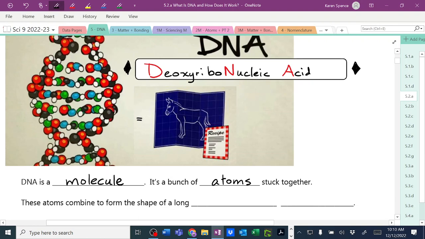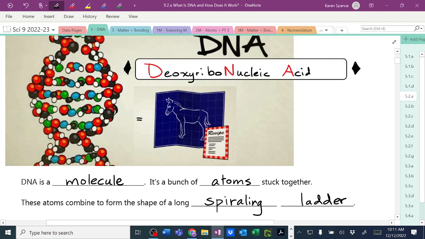These atoms combine to form the shape of a long spiraling. Do you guys know what a spiral is? Yeah, it's a long spiraling ladder.